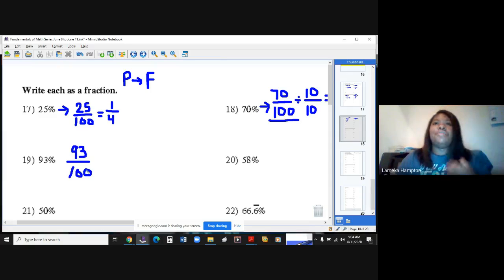That's all I'm doing. Just simply putting my number over 100. And in this instance, I believe 93 over 100 cannot be simplified because 93 and 100 have absolutely no numbers in common.